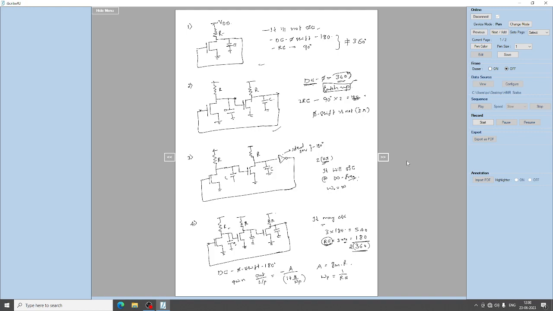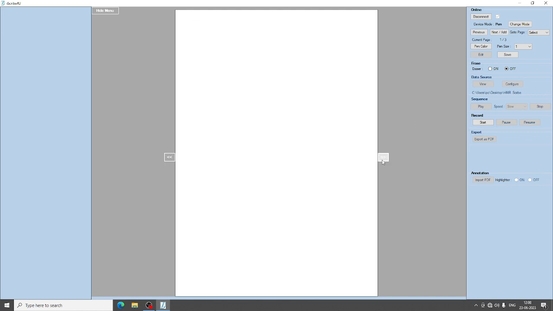This is the gain of a single stage, and that too only for a common source amplifier. If you take it for 3 stages, in the earlier case it is minus, right, minus A by 1 plus S upon omega p whole cube.